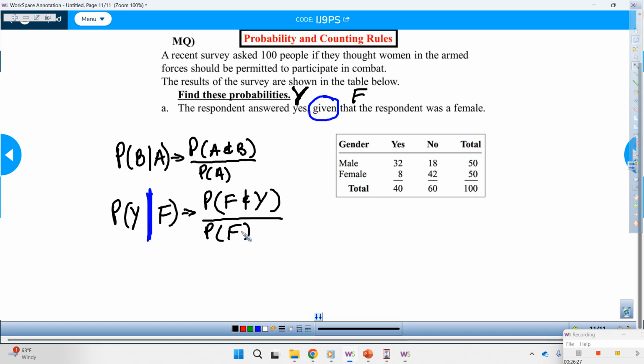That is correct. Let's go. So, with that said, I need a fraction for the top, and I'm going to do that in green. Look up. So we need numbers for the probability of female and yes. So look at the table. Tell your neighbor what fraction we are going to use for female and yes.